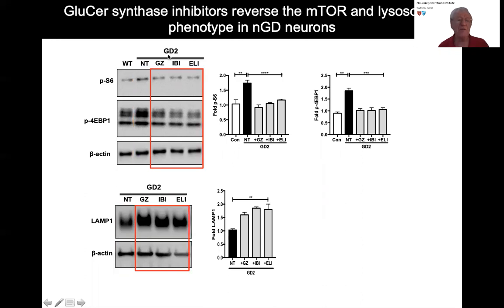And when we give these drugs, they are substrate reduction therapy drugs, Genzyme 161, ibiglustat, also known as venglustat, which is now in clinical trials, and eliglustat, which has been approved by the FDA for type 1 Gaucher disease, there is a decrease in the substrates of mTOR, phospho-S6 and 4EBP1, and there is a rescue of the lysosomes. And this is again quantitated here.